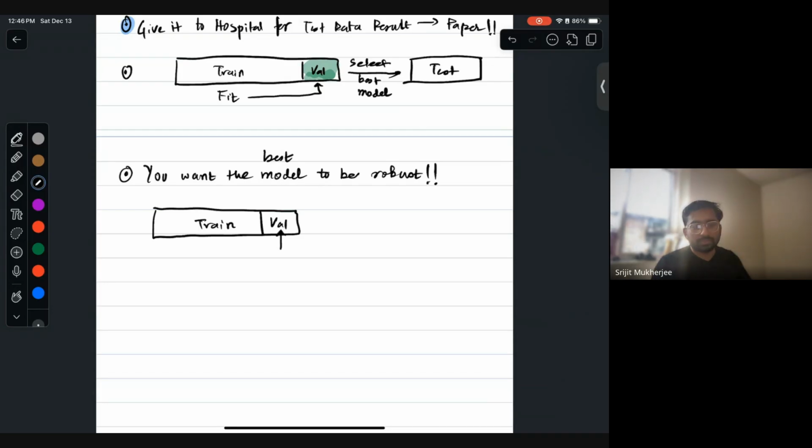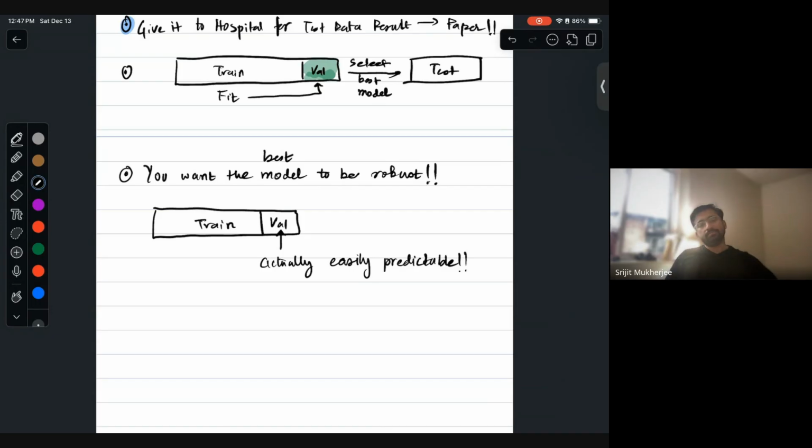You're randomly selecting 20% of data. Like if you think about it carefully, this validation data set can be actually easy to predict. That's a large chance. It's not zero.